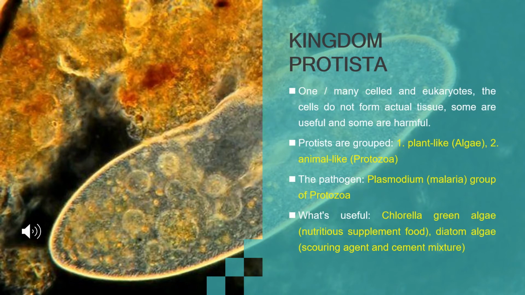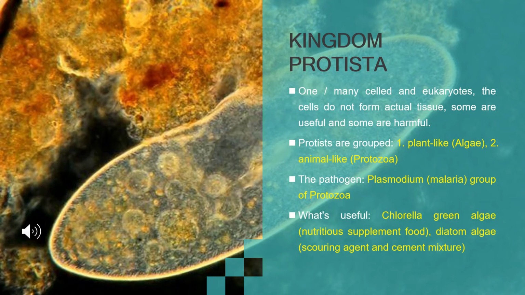Kingdom Protista. One or many cells and eukaryotes. The cells do not form actual tissue. Some are useful and some are harmful. Protists are grouped into two: plant-like, called algae, and animal-like, called protozoa.